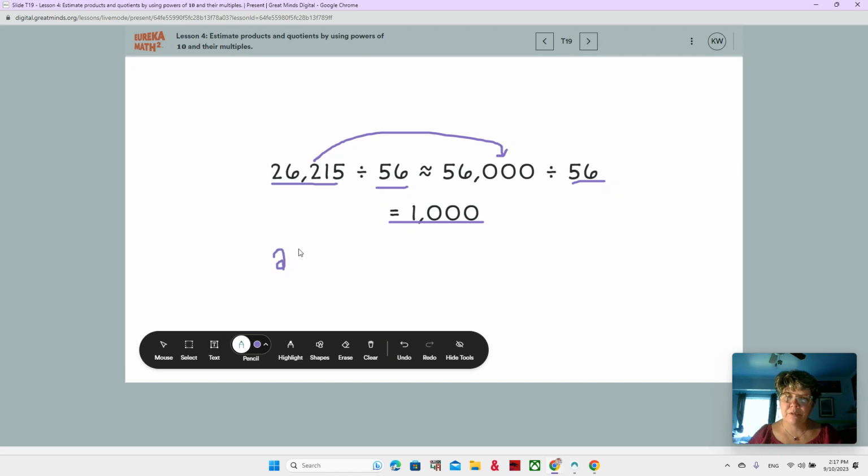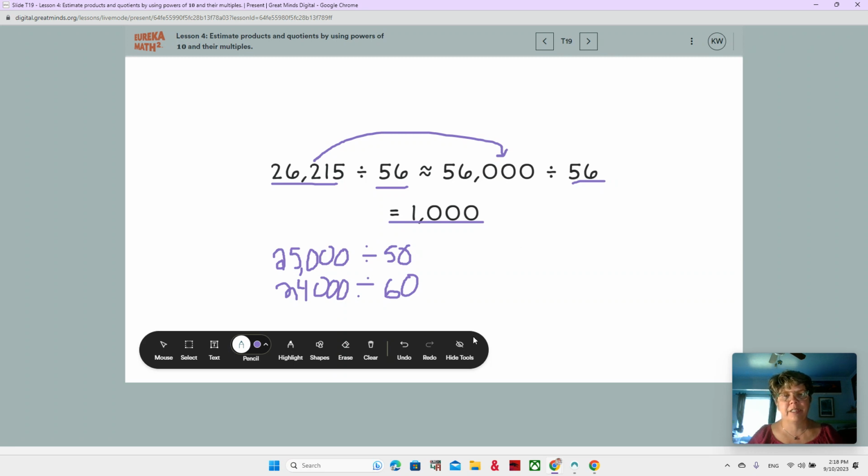What if we used 25,000, pretty close, divided by 50? Or 24,000 divided by 60. Right? Much better choices.